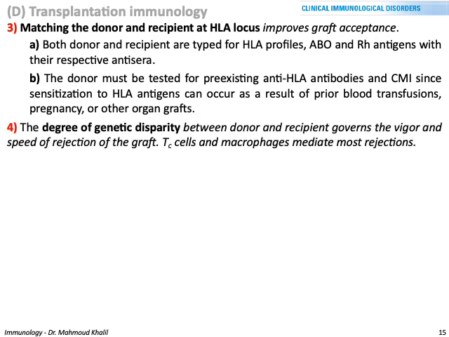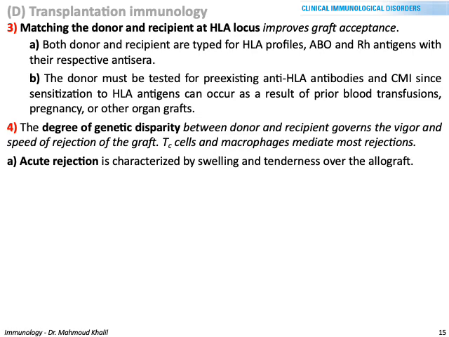The degree of genetic disparity between donor and recipient governs the vigor and speed of rejection of the graft. TC cells and macrophages mediate most rejections. Acute rejection is characterized by swelling and tenderness over the allograft.